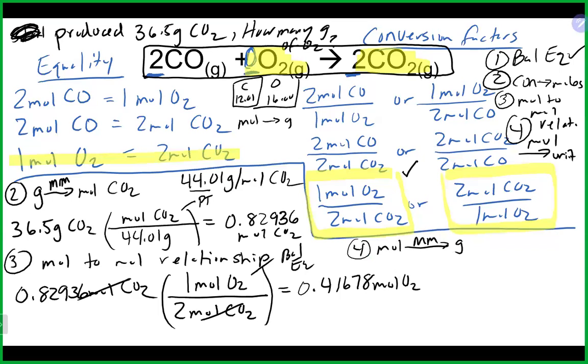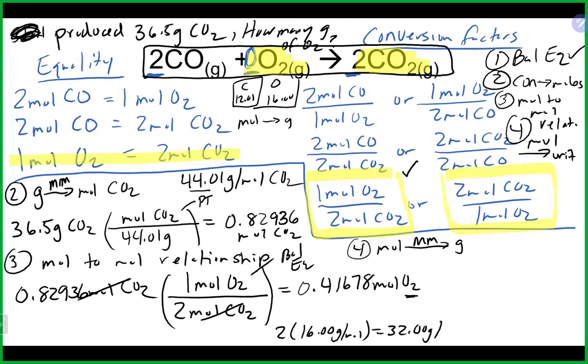By the way, I need the molar mass of what at this point? Of oxygen, right? We're done with CO2. So we again need to go back to the periodic table and get the molar mass of O2, which in this case is basically 2 times 16 or 32 grams per mole.